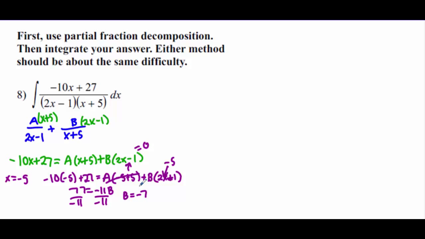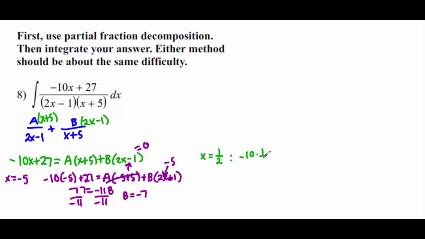Then we are going to solve, and you can use 0 and plug in b as well, or you can use positive 1/2. It depends on how much you like fractions or don't like fractions.